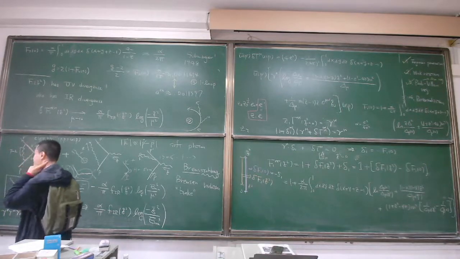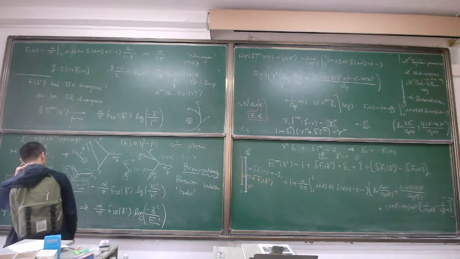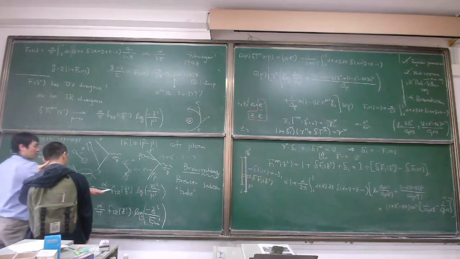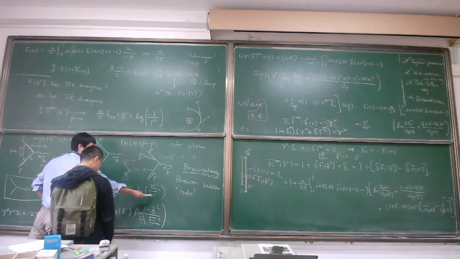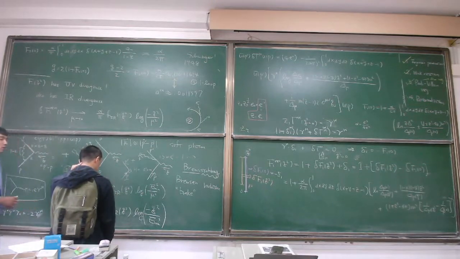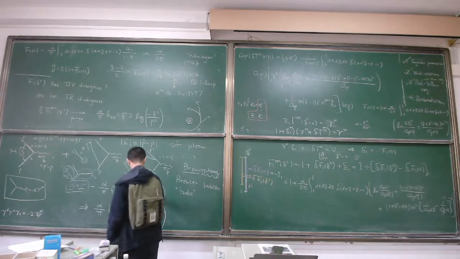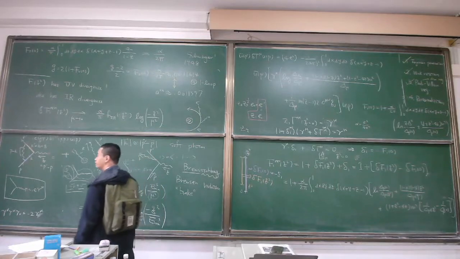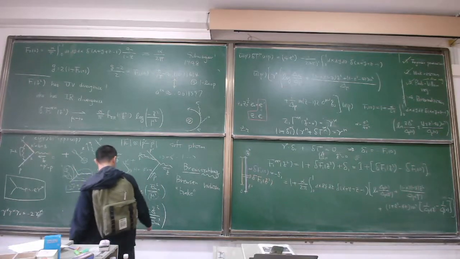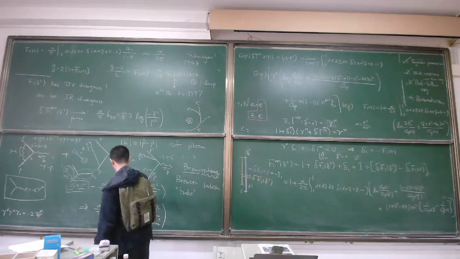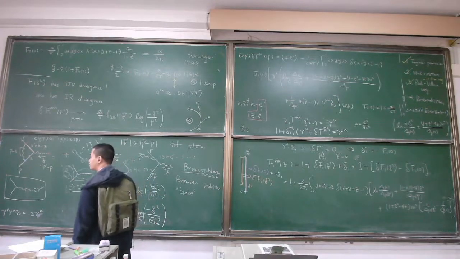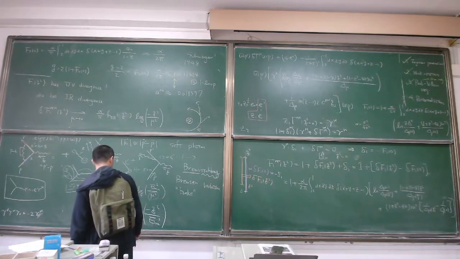Why can't it be measured? As I mentioned, it really comes from the IR region which is lower than the energy level, which cannot be detected. I introduced mu to regularize the divergence. This mu is lower than E minimum, so you cannot measure it.